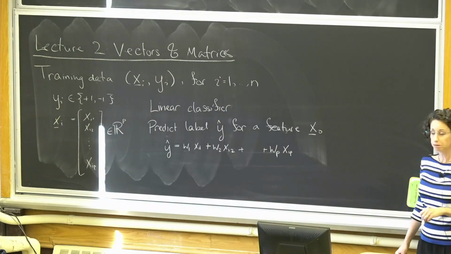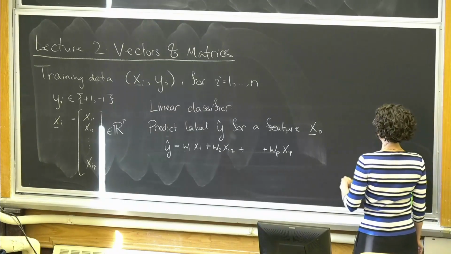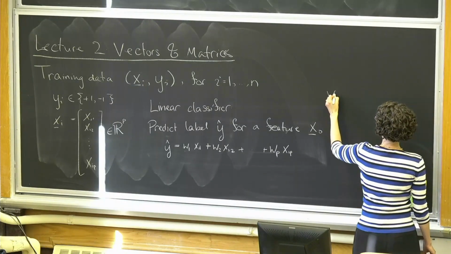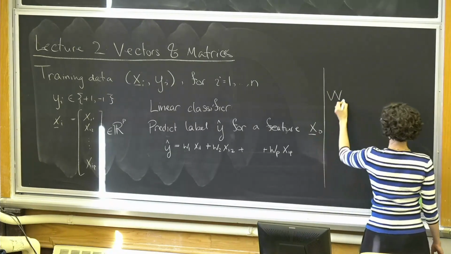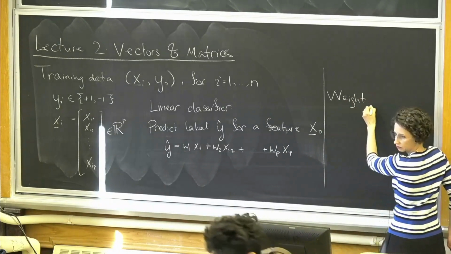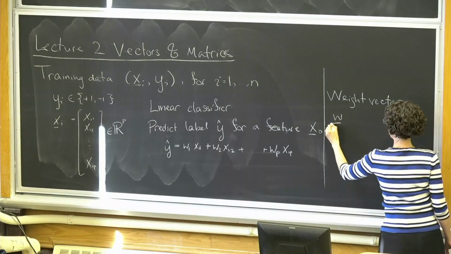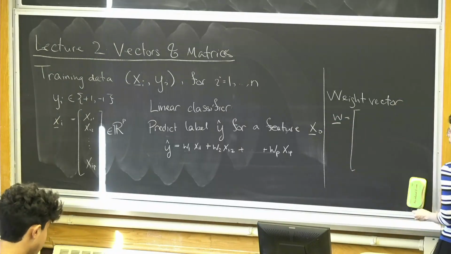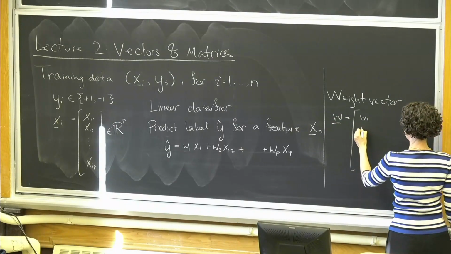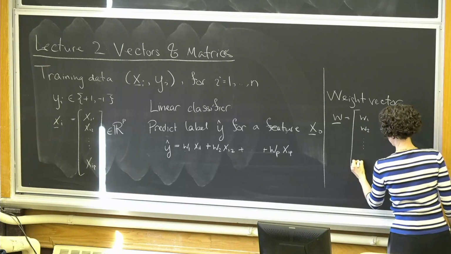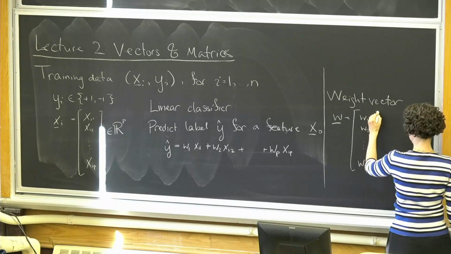So what we said before is that we could also have a weight vector W, and that just has all of our different weights in it, W1, W2, all the way to Wp.